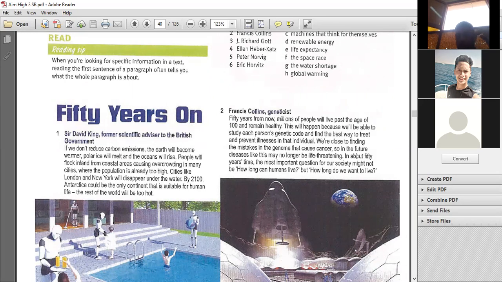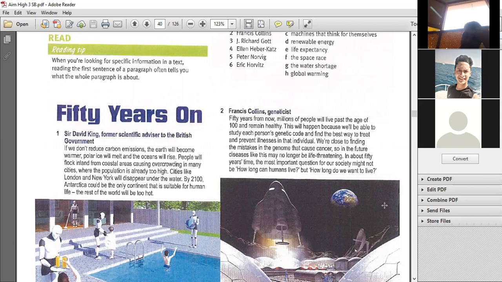Excellent. Muhammad, read number 2. Francis Collins, genetics. 50 years from now, millions of people will live past the age of 100 and remain healthy.